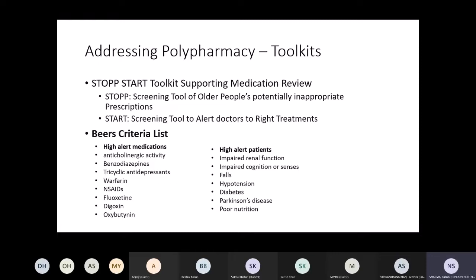So who would be the high alert patients? Basically, any patients with chronic kidney disease, dementia, recurrent falls, hypotensive patients, diabetic patients, Parkinson's, very important, and patients who are not eating and drinking well. This would cause more dehydration and increased effect of medication.